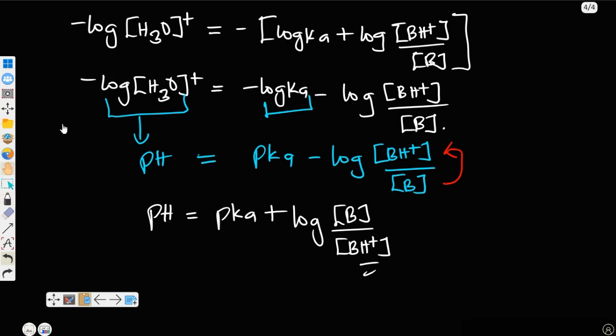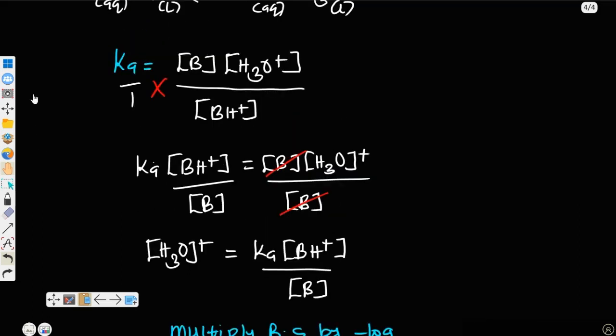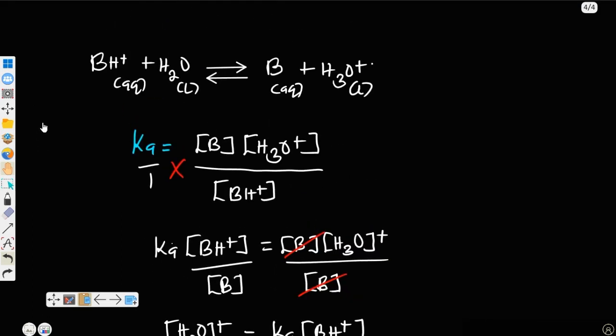Now, note something. They may want to do something in the exam. This is very, very crucial. Please take note. They may want to do something in the exam by giving this of B or this of BH+ in a different form.